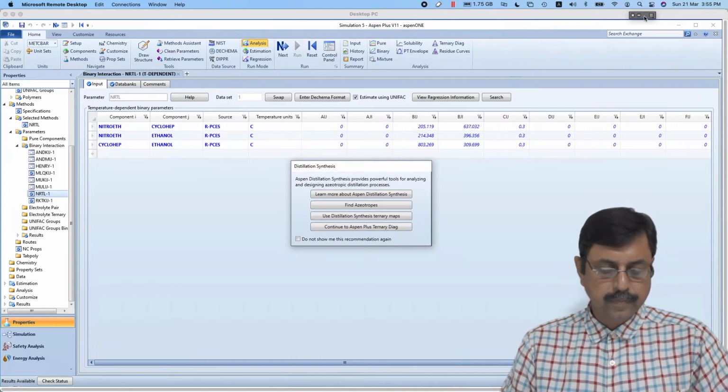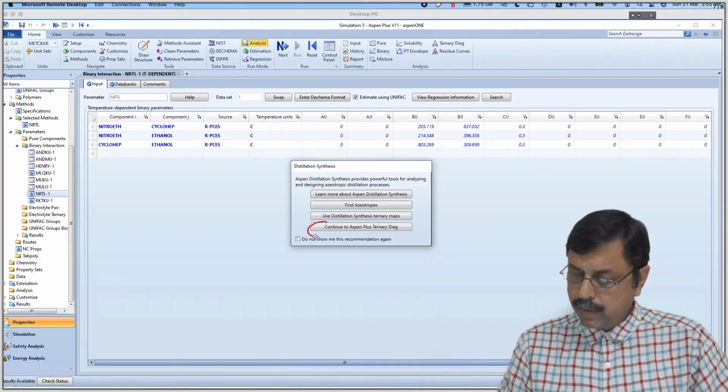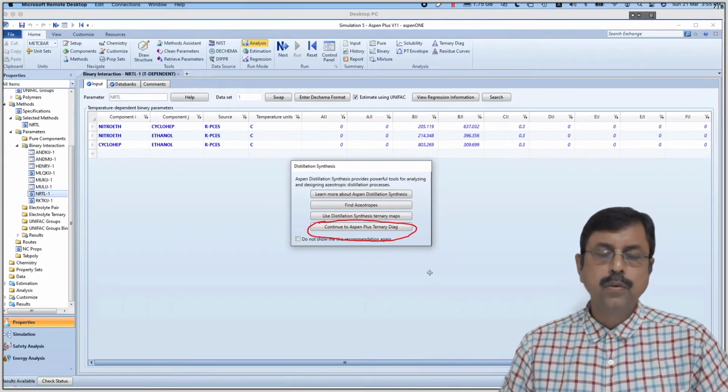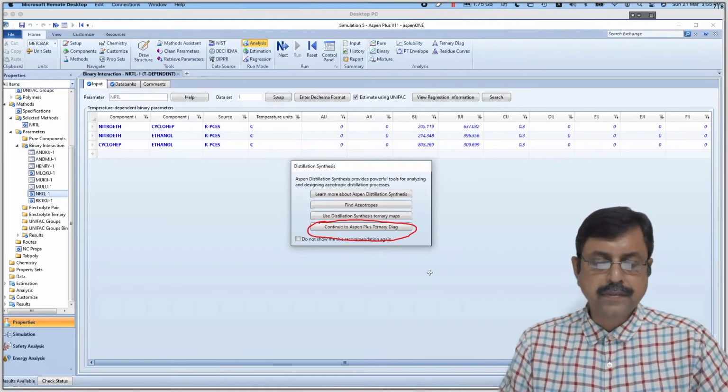Usually we choose this particular button because we continue to do the Aspen Plus ternary diagram, but it has other features also.